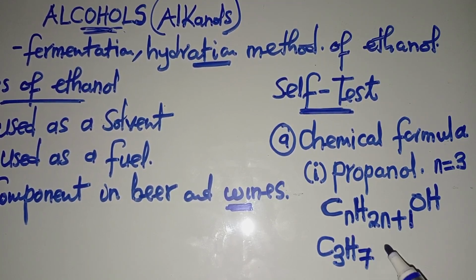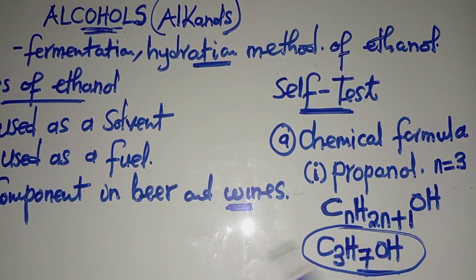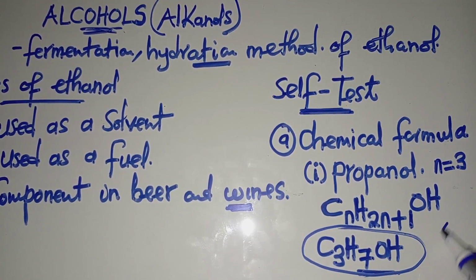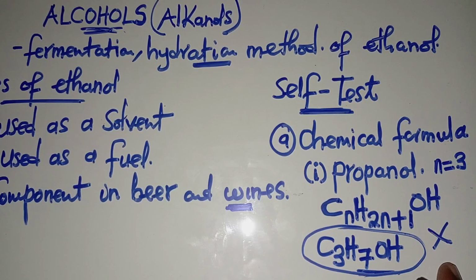So I put 7 there, then I write OH. This is the chemical formula, C3H7OH. Is it the same? Let's try to be honest. Did you come up with this? If you wrote something opposite, just correct it. But if you wrote a correct chemical formula like this one, you can just mark yourself.